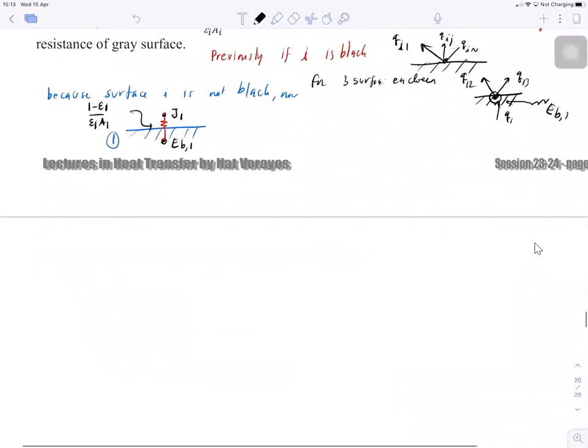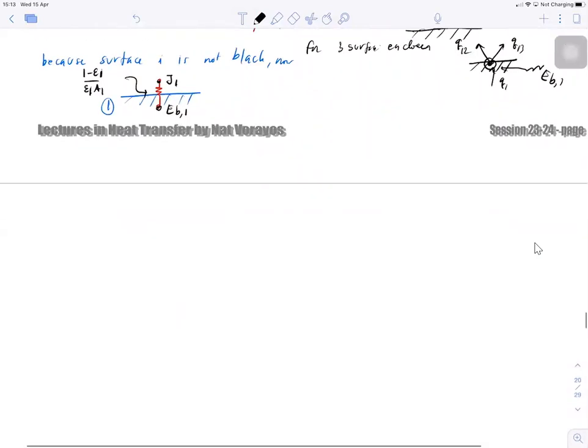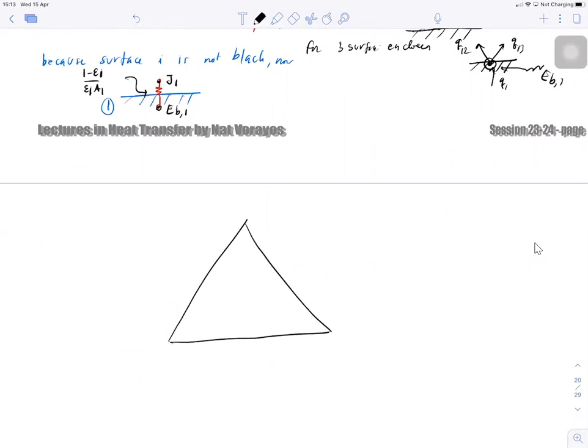So in that case, if surface 1, 2, 3, just for the sake of example, in relation to what you learned from last time, because we ended up talking about an enclosure of three surfaces, surface 1, surface 2, and surface 3.